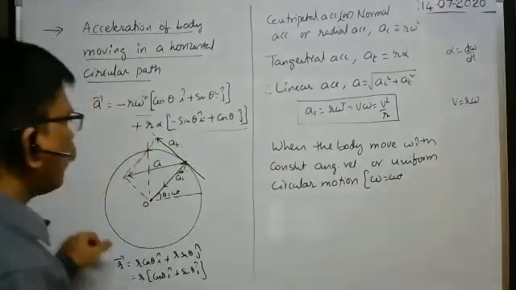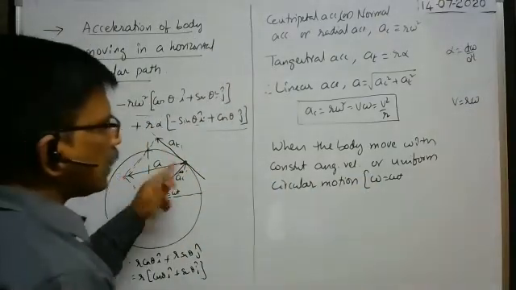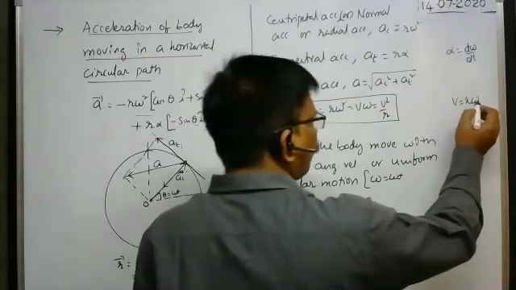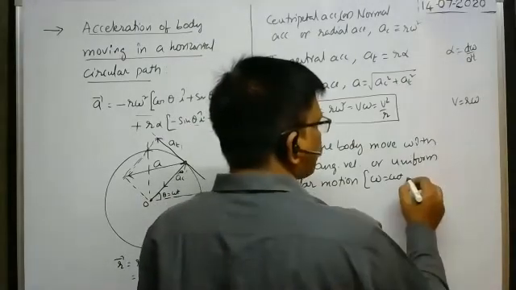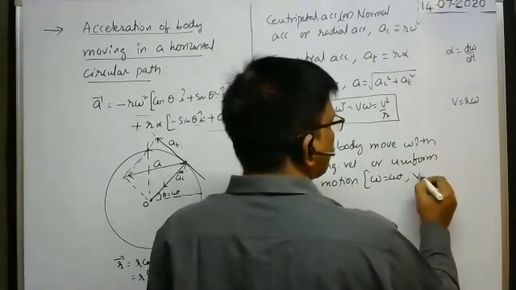No doubt, as the body moves along the circular path, the radius of the circular path is also constant. If omega and R are constant, then v is constant. That's why here v is also constant.